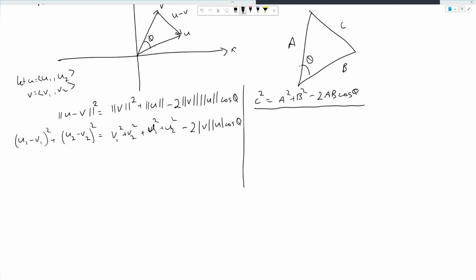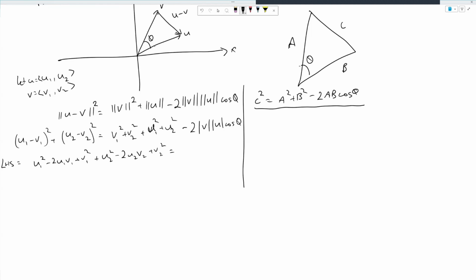So left-hand side, if we have a look at the left-hand side, if we open up all the brackets, so then u1 squared minus 2u1 v1 plus v1 squared. Okay, so that's the first bracket, and then we open up the second one, so u2 squared minus 2u2 v2 plus v2 squared is equal to the right-hand side.